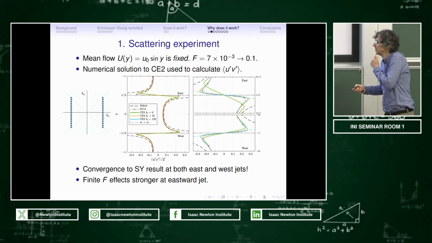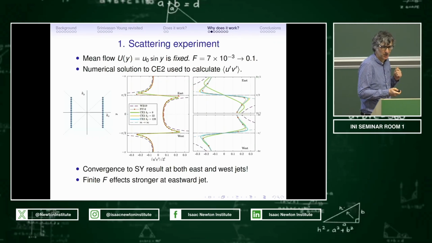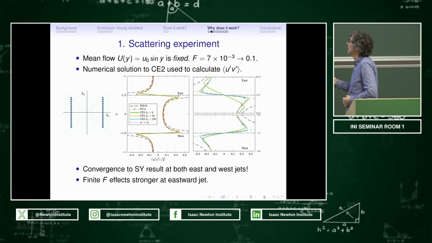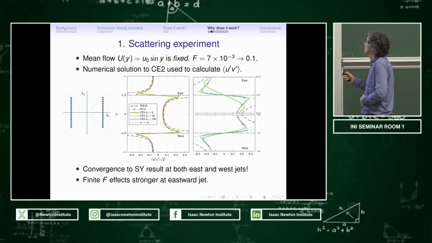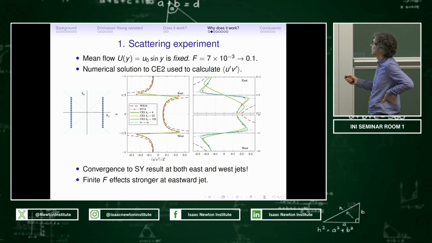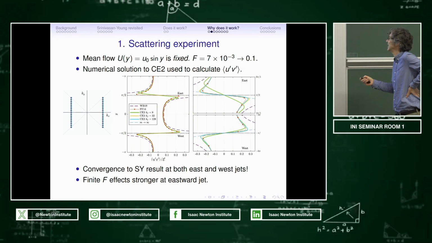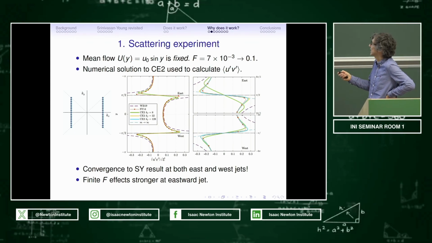Okay, so step 1 is to do a scattering experiment, and the idea here is we just put in a sinusoidal flow, and we wanted to investigate whether the Srinivasan-Young momentum flux prediction, when the flow is fixed, works for different values of this parameter f. It's a proof of concept for convergence as f goes to 0.